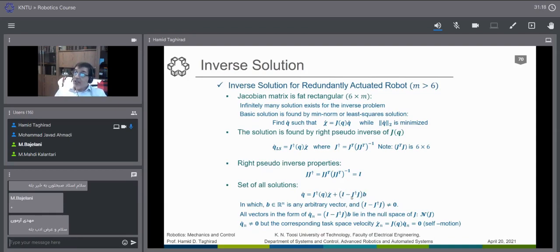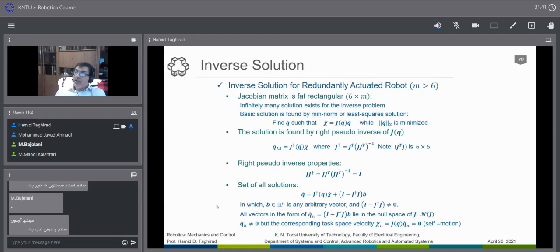But this I minus J pseudo-inverse J has a particular property: it provides the null space of the J in terms of linear algebra. You are familiar with the null space. What is the null space?